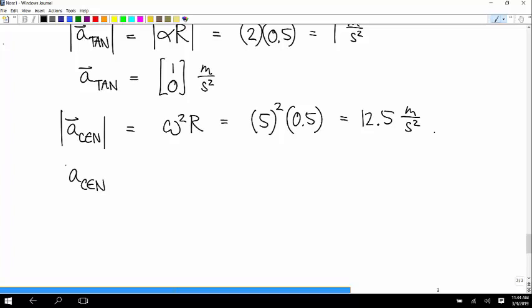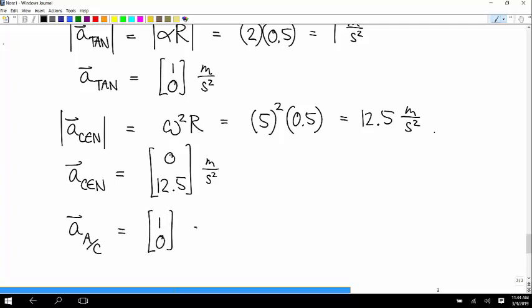So the centripetal acceleration is 0, 12.5. And so the total acceleration of that point A relative to the center is the sum of these 2 things, 1, 0 and 0, 12.5. So 1, 12.5.